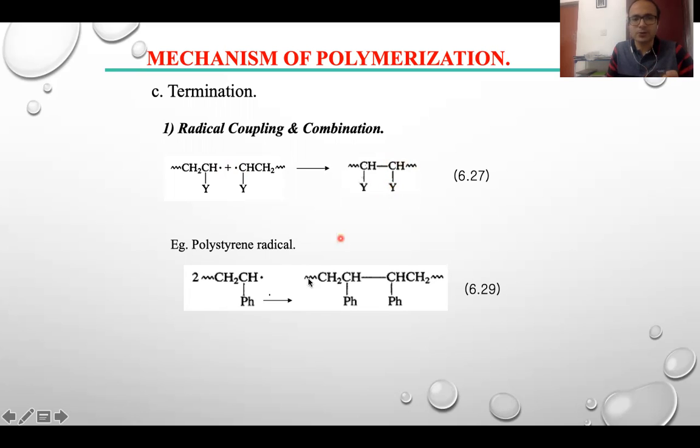Okay, so that is one way in which the radicals combine with each other to form a neutral species, and this is the polystyryl radical. Two polystyryl radicals combine to form a neutral species. So by radical combination or recombination or coupling, we can have the chain terminated.